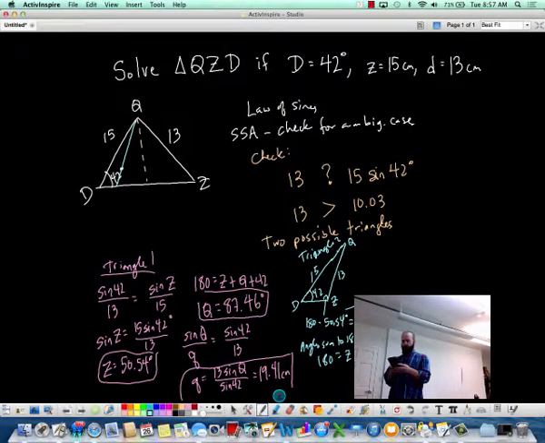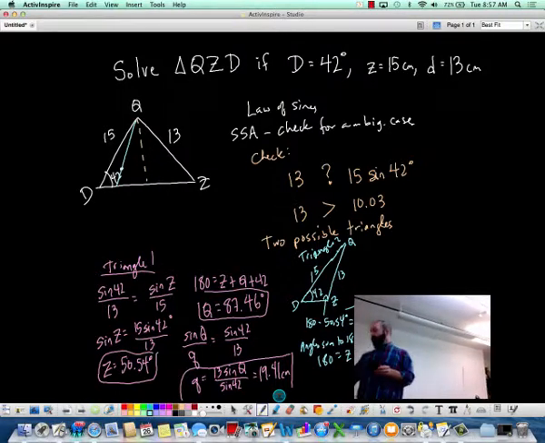So let's see, 180 minus that angle I just found, which is 129, minus 42. So Q is going to be about 8.54 degrees. Again, a small angle because Z is so much bigger than it was in the first triangle.